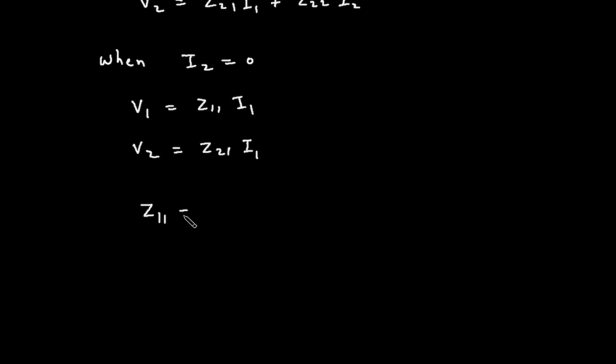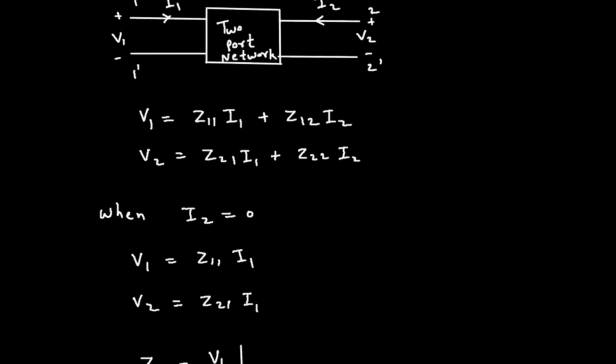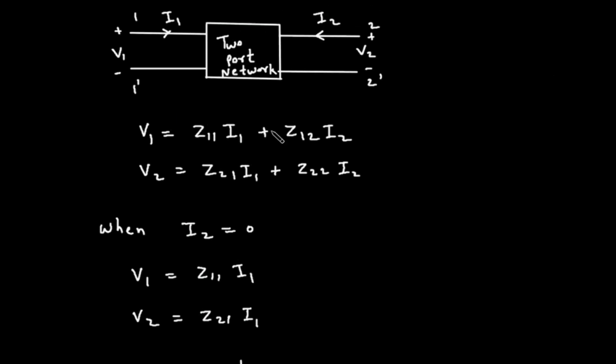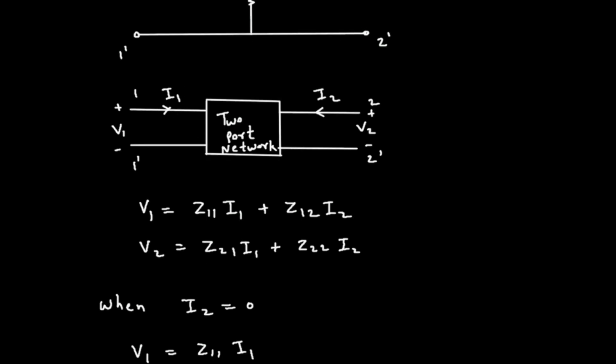So Z11 is equal to V1 by I1 when I2 is equal to 0. And when I2 is equal to 0, Z21 is equal to V2 by I1. So this will be V2 divided by I1 when I2 is equal to 0. Now in case 1 we have to consider I2 is equal to 0, and in case 2 we have to consider I1 is equal to 0.